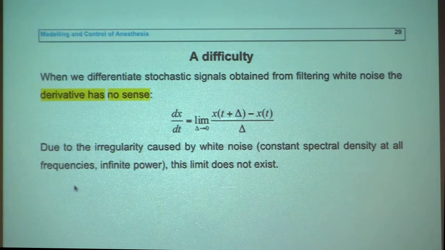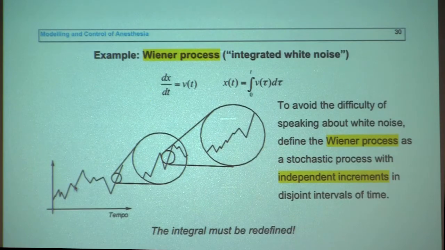The problem is that with white noise the limit does not exist. Why? Because the power of the signal is so strong. If you start amplifying regions that seem to be regular, they are always irregular. So you don't have a convergence.